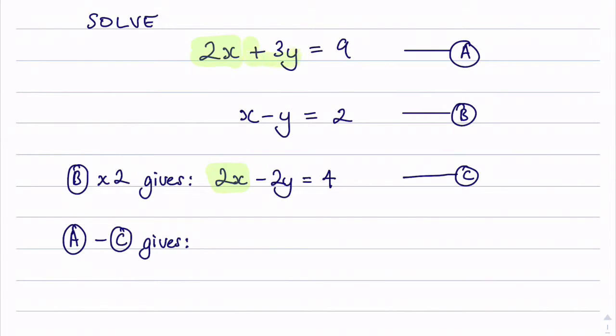I'm going to take the 3y term, and subtract this negative 2y term. So we've got 3y minus 2y, which would give me 5y. And then finally, we've got the 9, and we're subtracting 4, which gives 5. So solving that, we have that y is equal to 1.